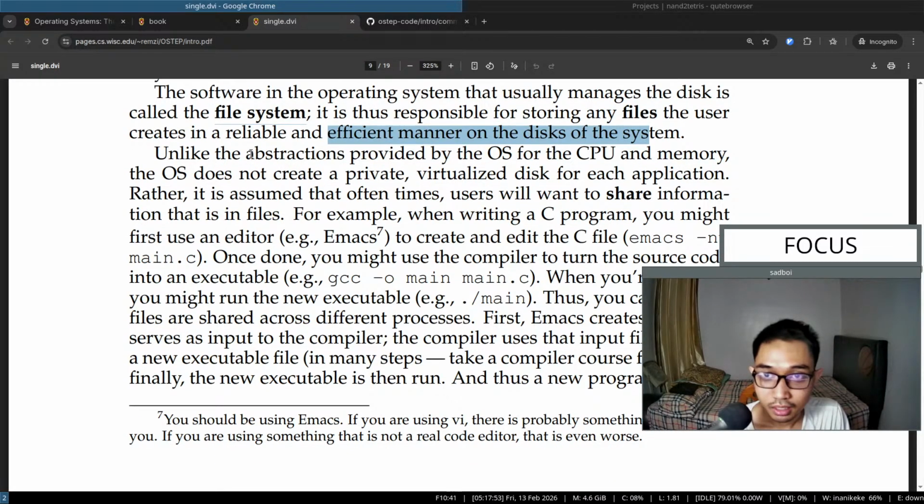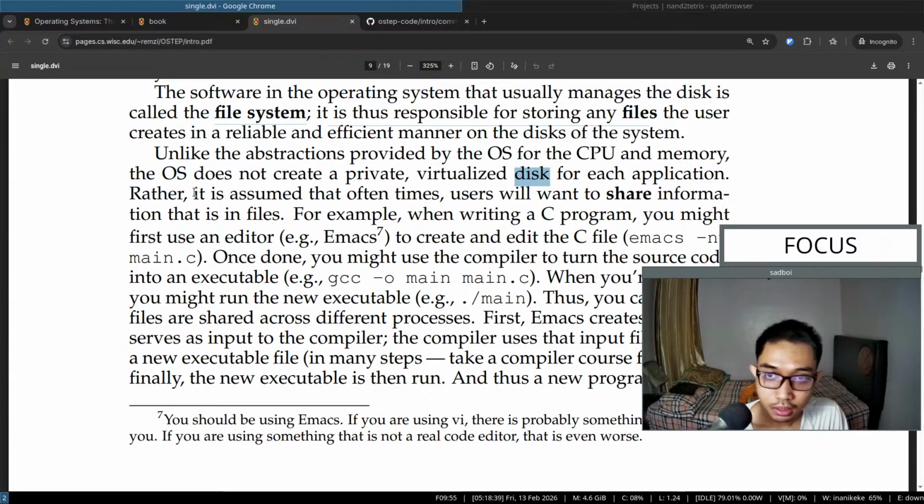Unlike the abstraction provided by the operating system for the CPU and memory, the operating system does not create a private virtualized disk for each application. So there is no virtual disk or something like that.